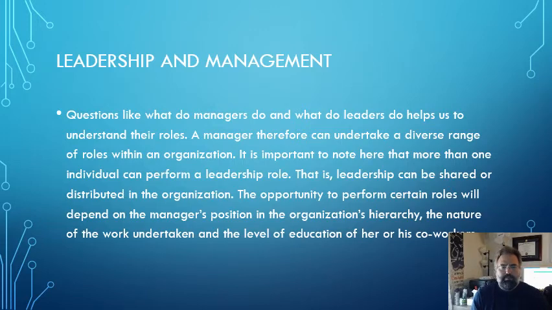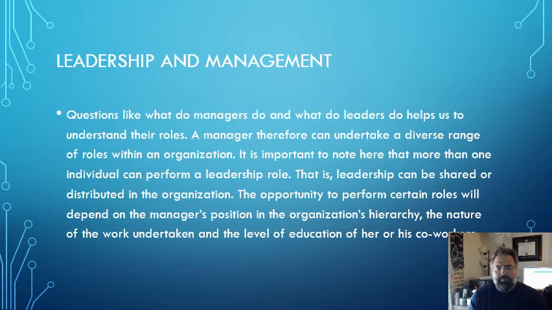Building on the same theme, it's sometimes important to think about what managers do and what leaders do, because that helps you understand their roles. A manager could actually be a leader, but more importantly, it's about their role within the organization.